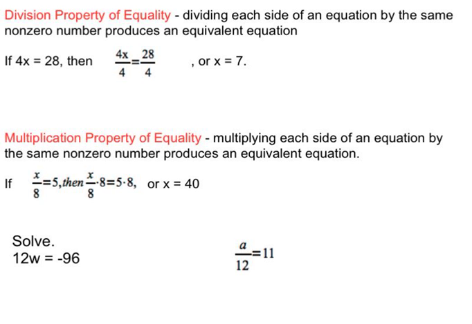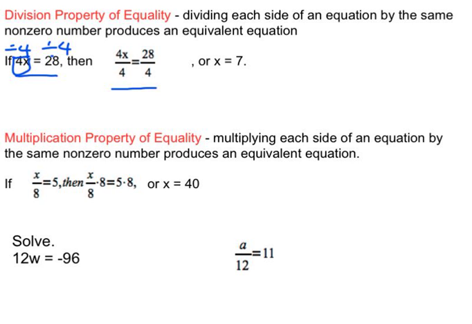What that just means is that if you divide this by 4, you're still going to end up with the same thing, because both this side, if you divide by 4, and this side, if you divide by 4, if they were equal before, then they will be equal afterwards. So what's happening here is you're doing 4 times x is equal to 28.